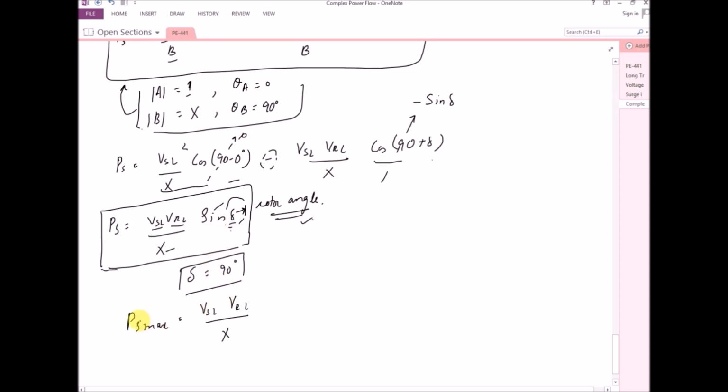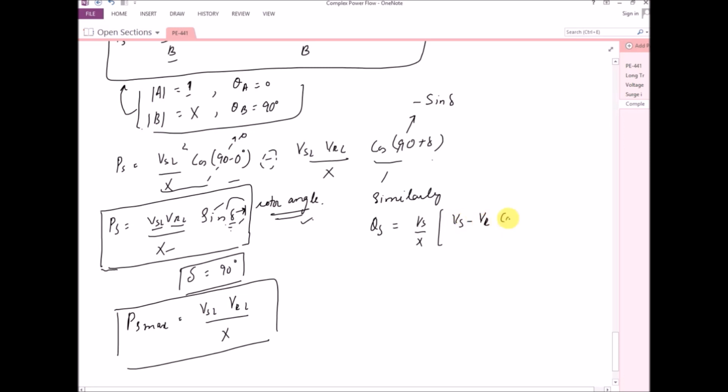Similarly, we can calculate the sending end reactive power, and that will be Vs over X, (Vs minus Vr cos delta). So now we have two equations: this is the real power and this is the reactive power.